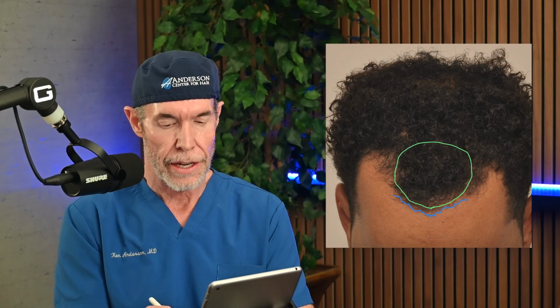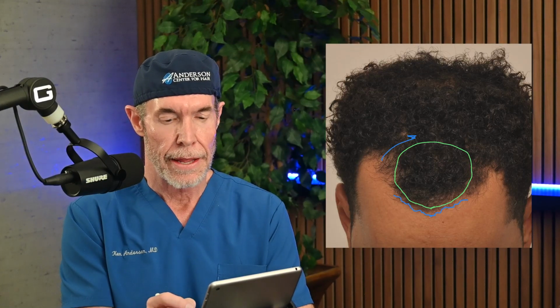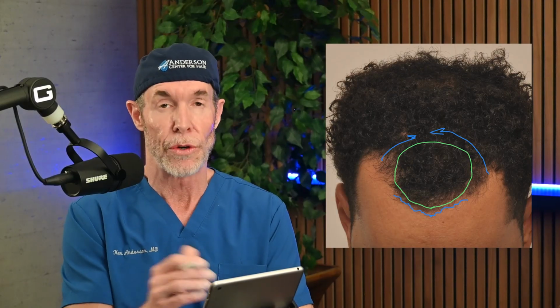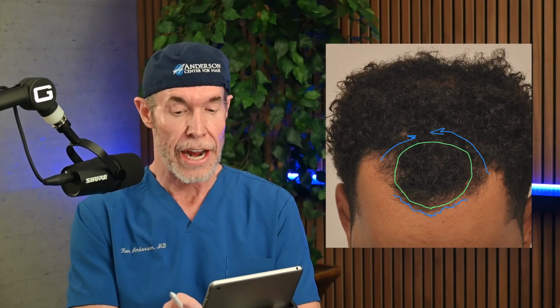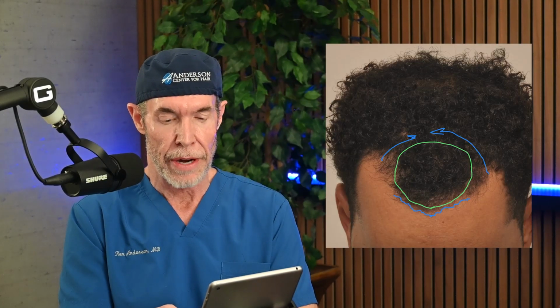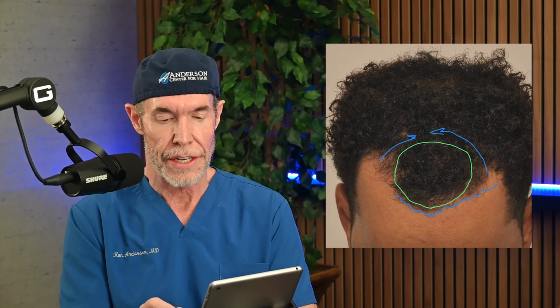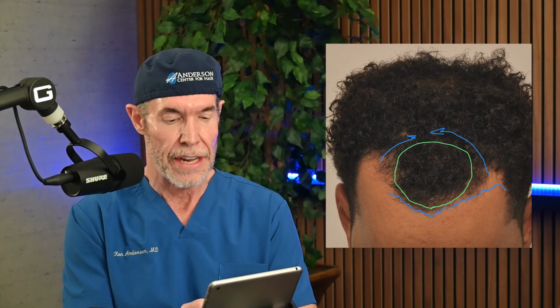And then just like with our previous patient, I would look up in behind the frontal forelock to see if there's any room for follicles in that area. And then in terms of creating the rest of this frontal hairline, we want a natural transition into the temporal tuft. And then same thing on this side.